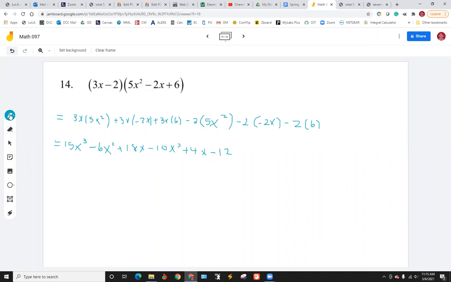Now, you'll notice there's 2 pairs that go together. Those 2 and these 2. So let's put them together.